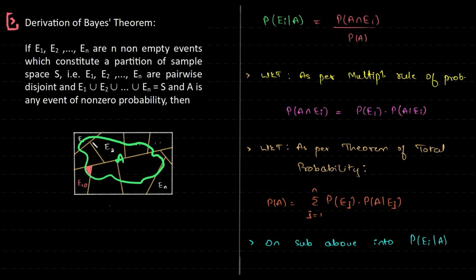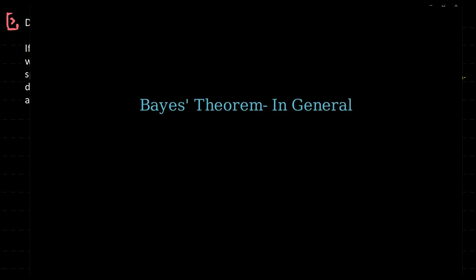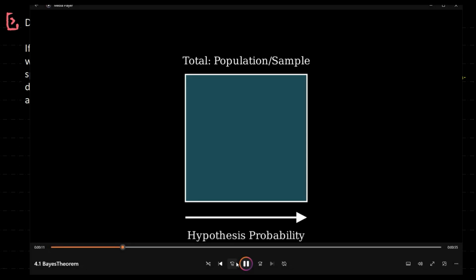I'll use the same concept, use a similar diagram and all of that. I'll give you guys a sample of it. So pretty much this video summarizes the nature of work that we'll do. First we'll look into this entire sample space. Along the x-axis, we'll divide those regions E1, E2 and so on. That is generally called hypothesis probability. Don't worry if you don't exactly use these words.